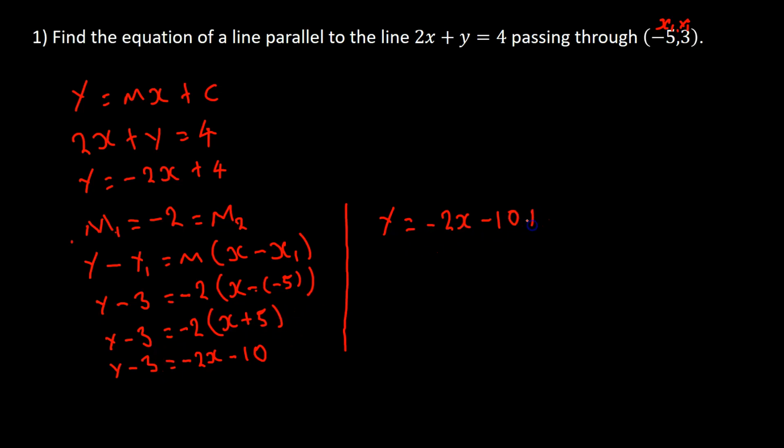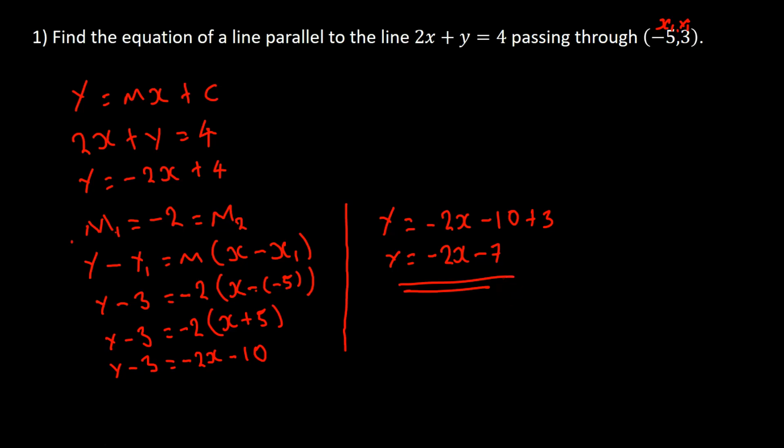So we have positive 3 there. We write y equals negative 2x, negative 10 plus 3, which gives us negative 7. So here we have it. This is the other parallel line which we have been asked to find. So this is the end of the question.